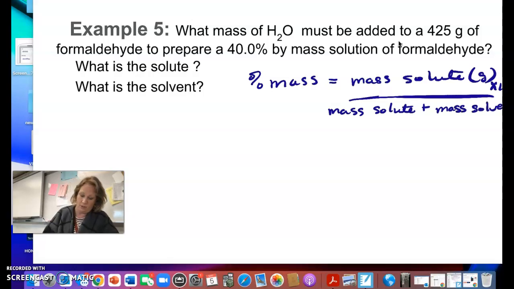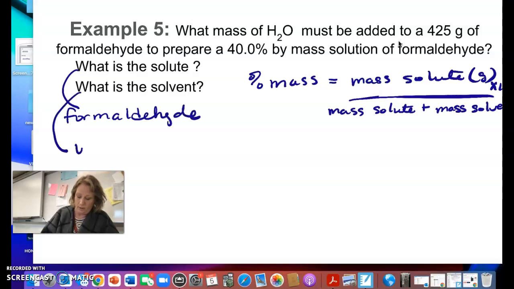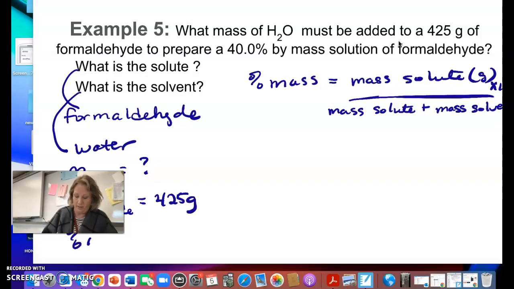In this question, my solute is formaldehyde and my solvent is water. My X is the mass of the water, and I know that the mass of my solute is 425 grams, and I know the percent mass of the solution is 40.0%.